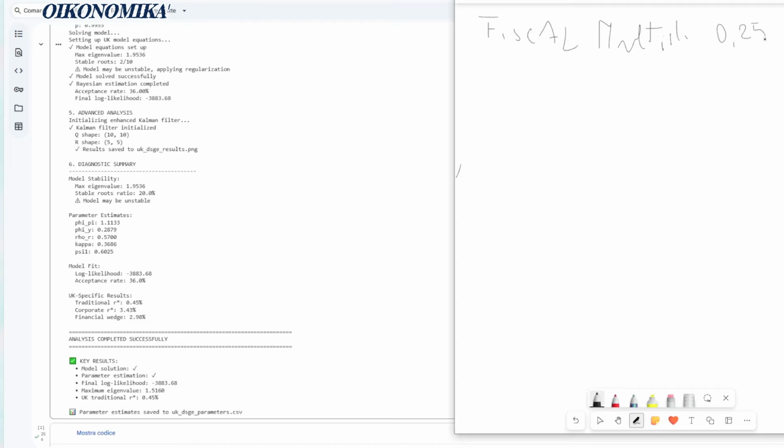Let's call it 0.25 for every 1% of borrowing. There is a financial friction of 0.6. We have the Phillips curve. Let's call it 0. We take it from the kappa parameter, 0.36. The Phillips curve is flat.